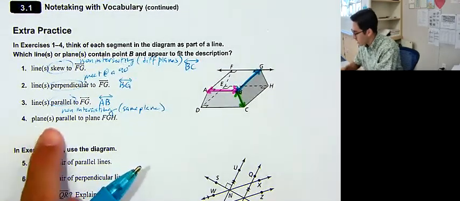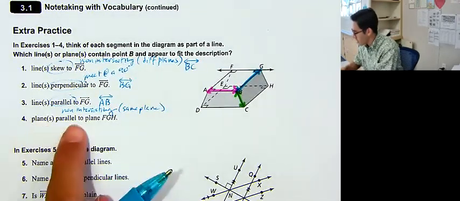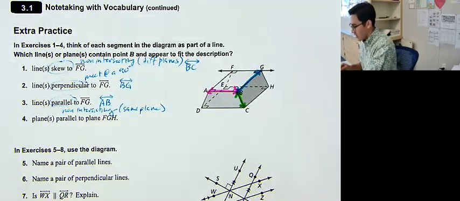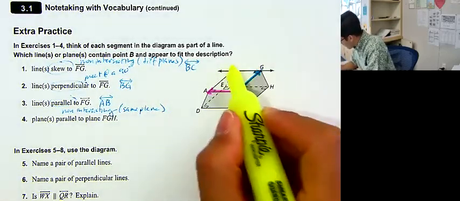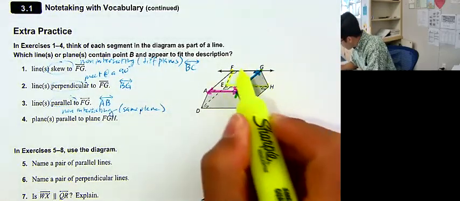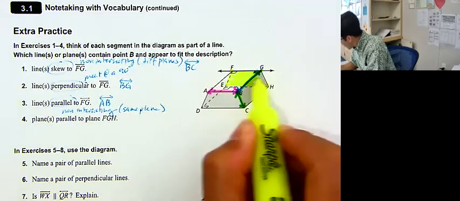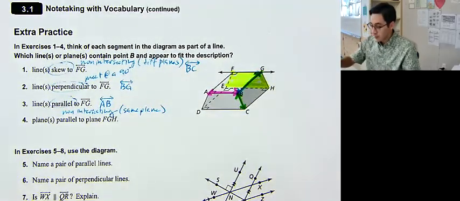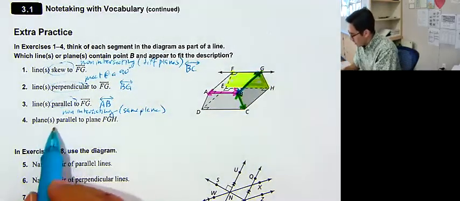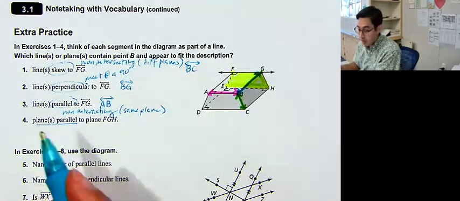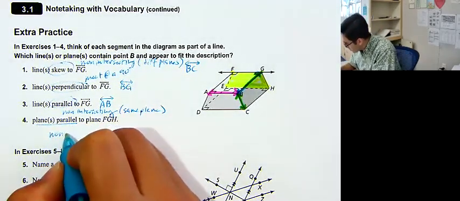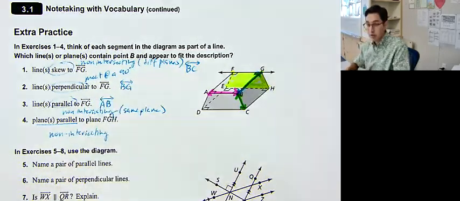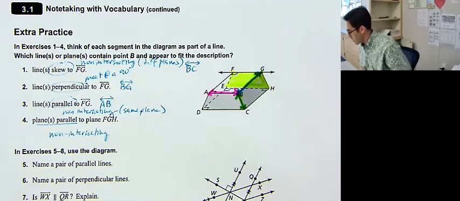And then we'll go to question 4. Now let's find some planes that are parallel to plane FGH. So let's color in FGH. FGH is the back side of the figure. Parallel planes are non-intersecting planes, so planes that don't touch each other.